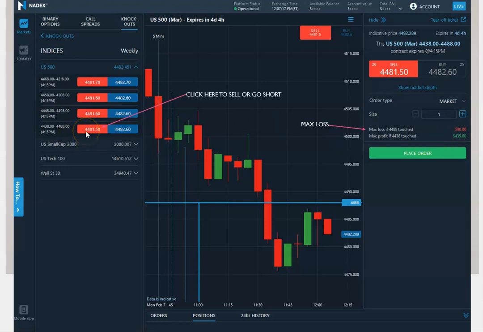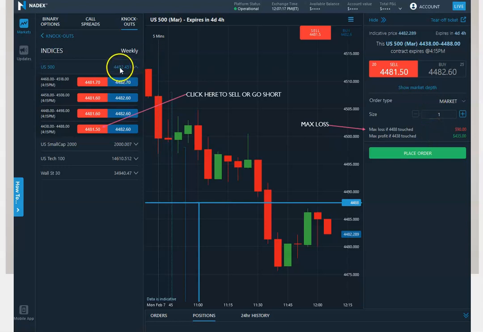So when you click on it, you can look to see if you can tolerate that maximum loss. Remember, this is catastrophic. This is assuming it goes against you, right? So you can look at this and say, well, $90 is way too much for me. Okay, so wait for it to come up a little bit more in price, and then go ahead and take your short.